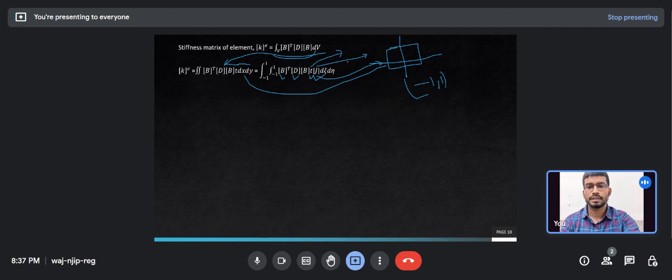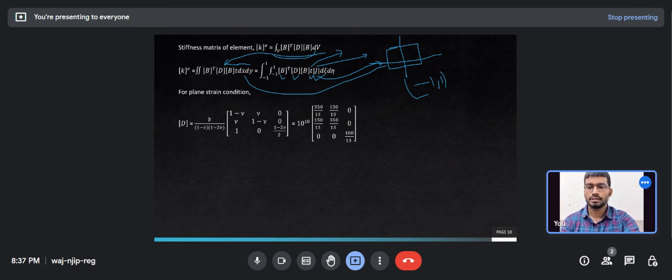So from the Jacobian matrix, we can determine the determinant of the Jacobian matrix. And for the 2D plane strain problem, we know the value of D. Here in the problem, the values of Young's modulus and Poisson's ratio are given. So once we substitute the values of Young's modulus and Poisson's ratio, we will get the D matrix like this.